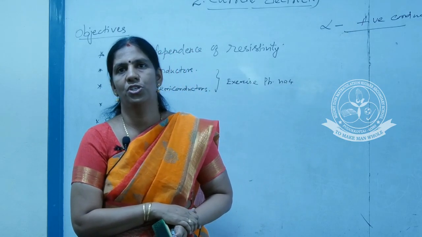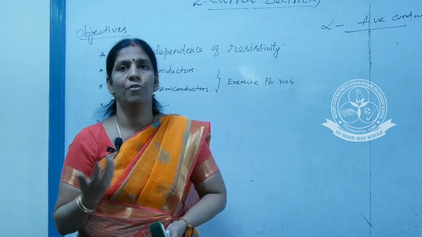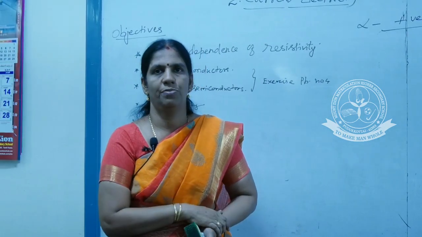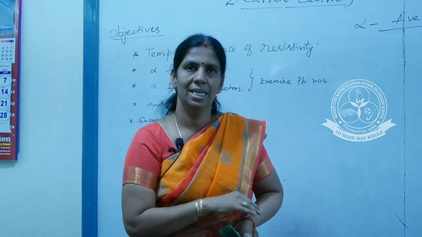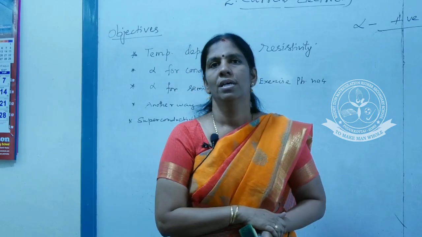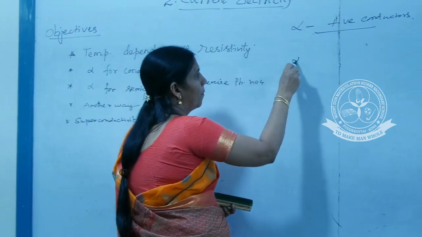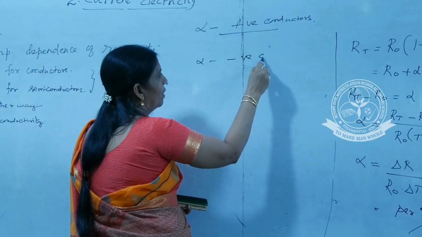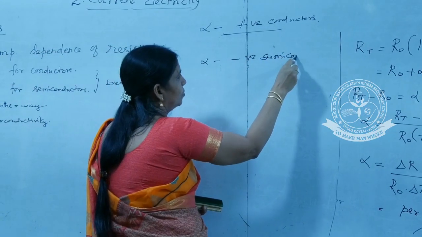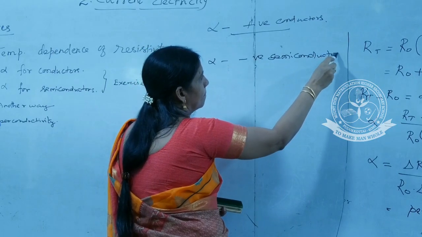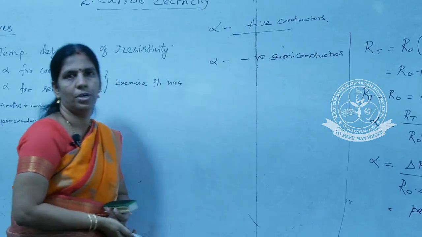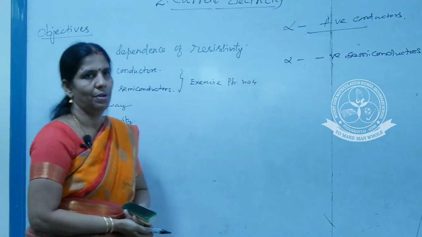As the number of electrons increases, its resistivity automatically decreases, and that is why this alpha for semiconductors is a negative value.